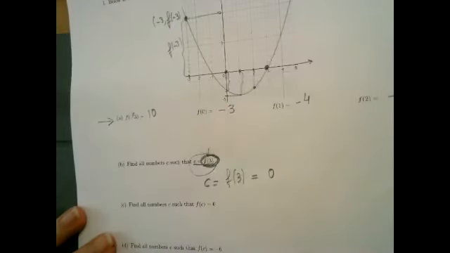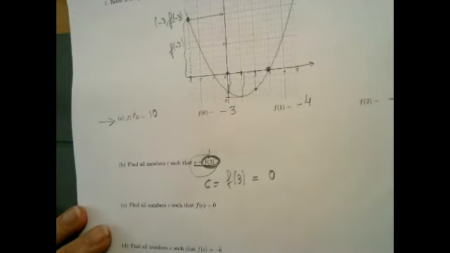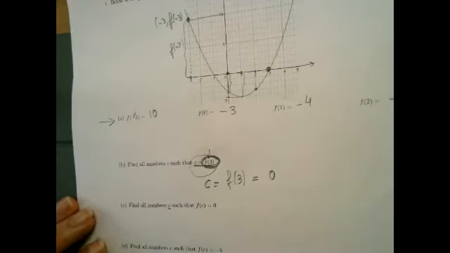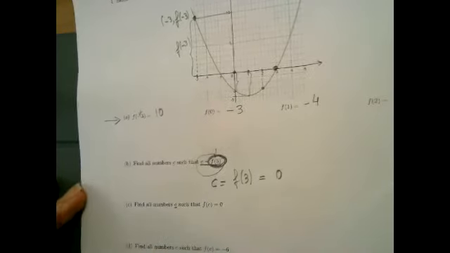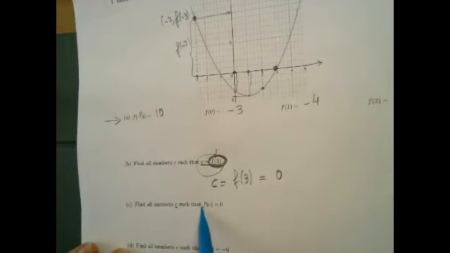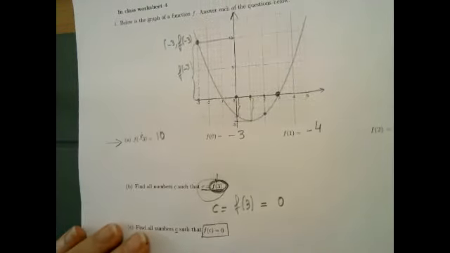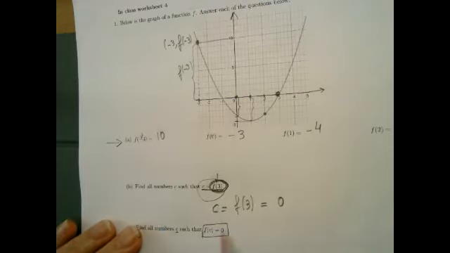Now, find all numbers C such that f of C is 0. Are they asking us now for the input or the output values? All the C such that the rule takes them to 0. Absolutely, the input. So now let us go after them. I have the output now.